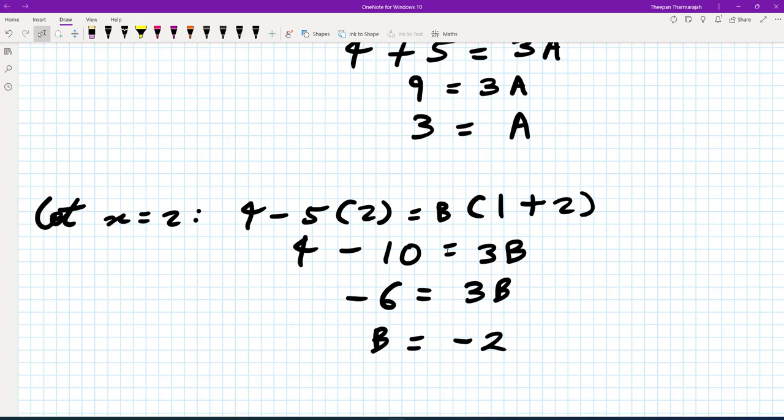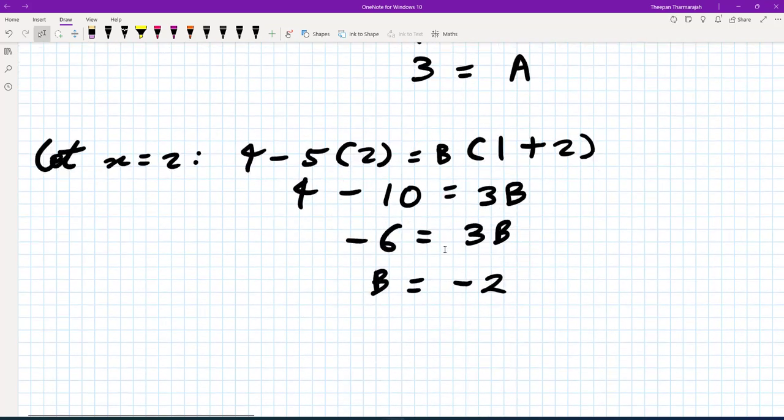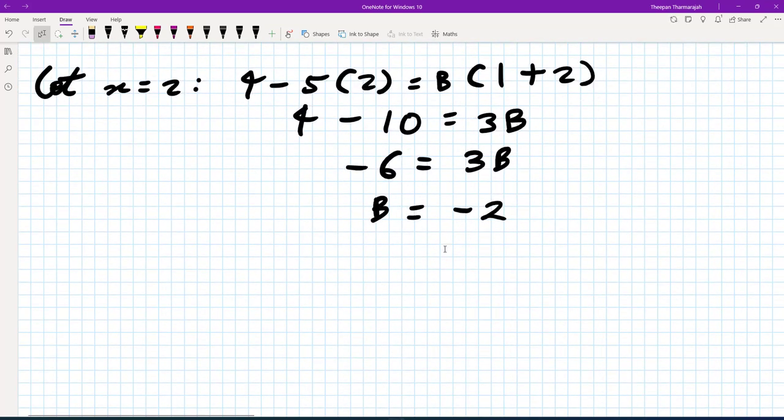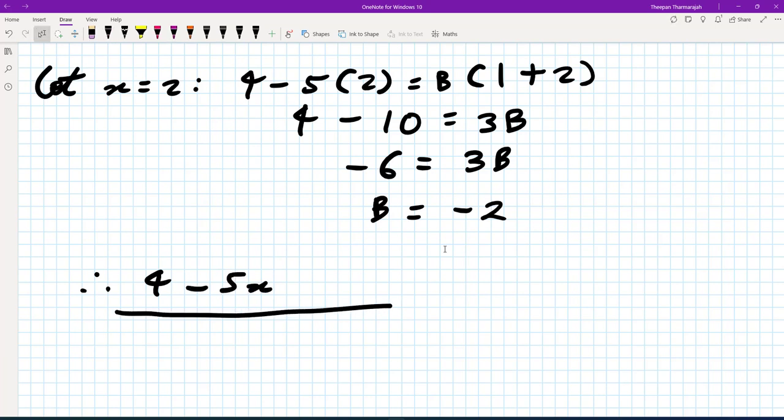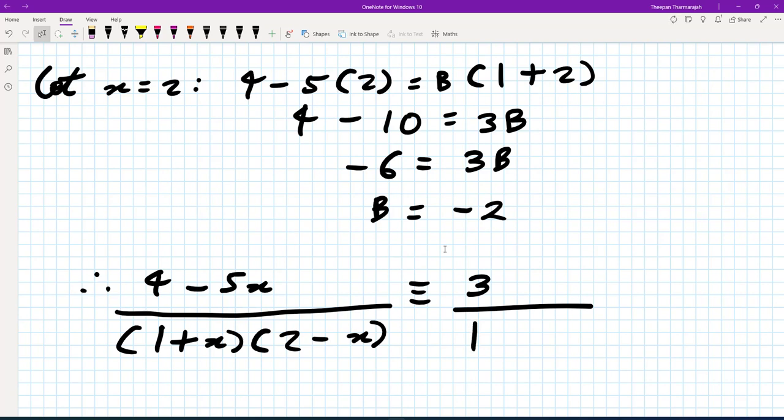So what we can do is rewrite our partial fraction as follows: 4 minus 5x all divided by 1 plus x and 2 minus x is identical to 3 over 1 plus x minus 2 over 2 minus x.